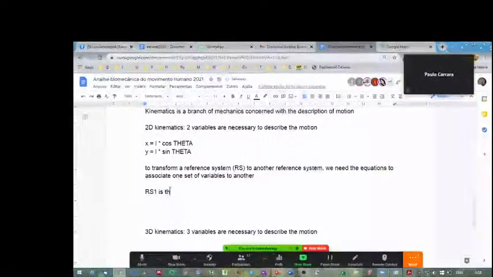But these 3 variables also need to be described according to their rotation, because motion can be translation or rotation. So to describe the motion of this object, you need 6 variables. If you need 6 variables to describe something, it means that you have 6 degrees of freedom.